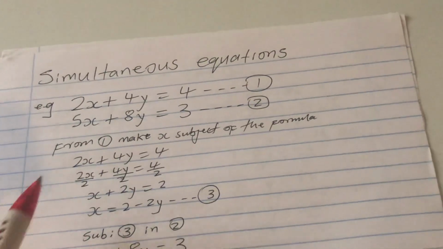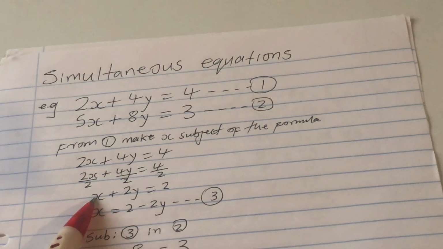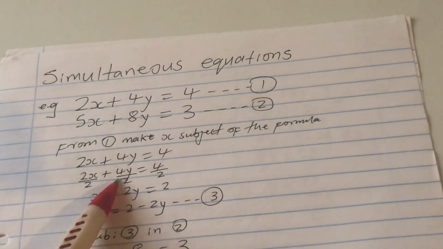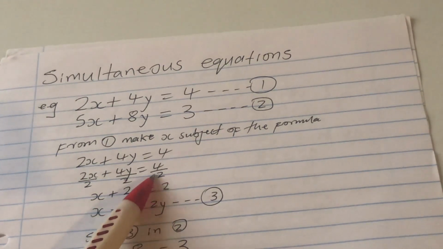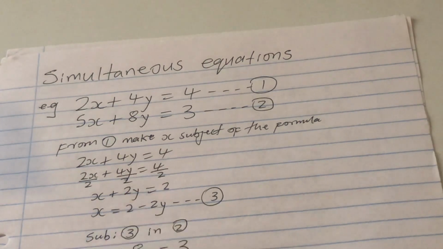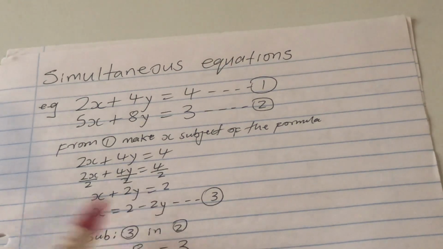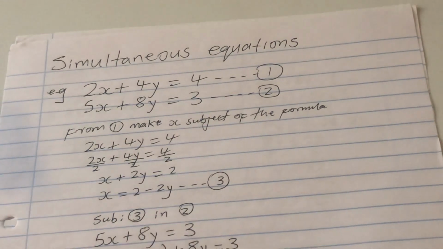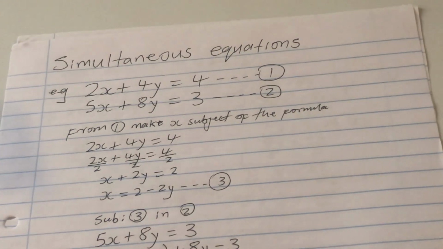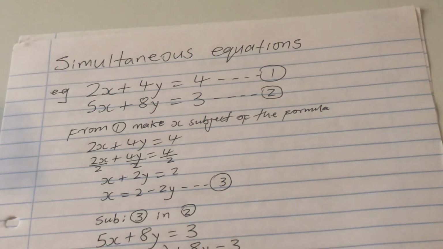If I do this, 2 divided by 2, I'll be left with x here, plus 4y divided by 2, the answer is 2y, and then 4 divided by 2, the answer is 2. Now my equation is in this form. As you can see, it will be easy for me now to make this x subject of the formula.